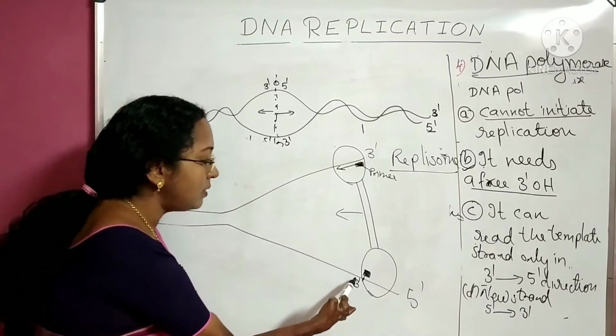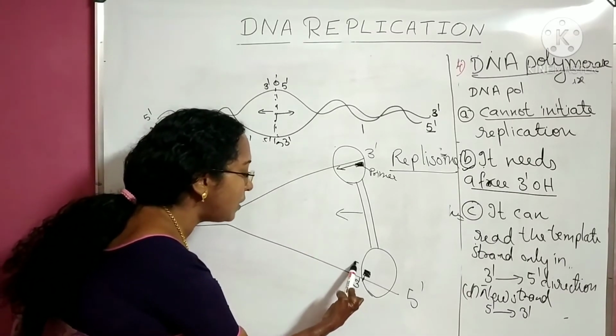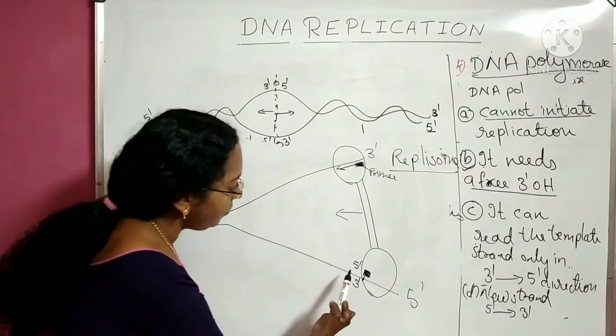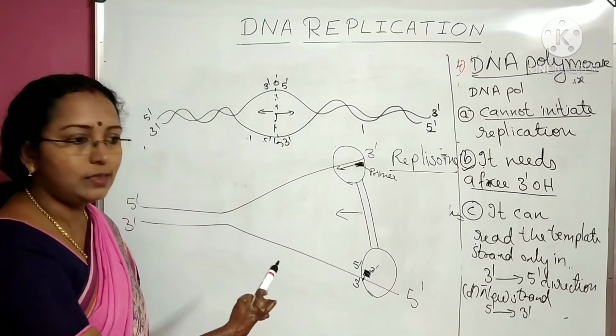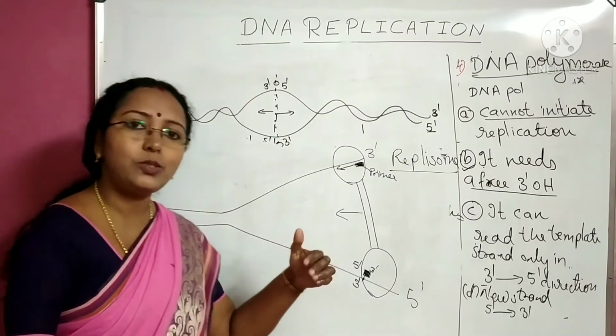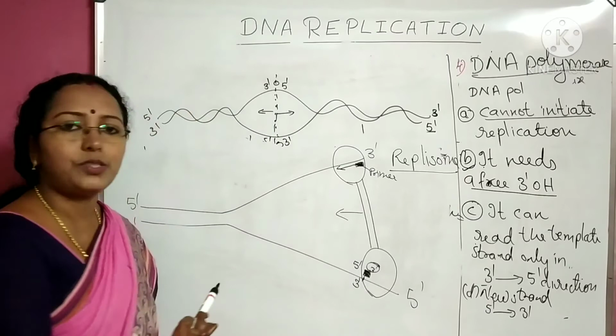So when the primer is attached to the 3' end, the primer will begin with which end? 5', the opposite. And the primer will end with which end? It will end with 3'. So what is the primer actually giving? The primer is giving a 3' OH.